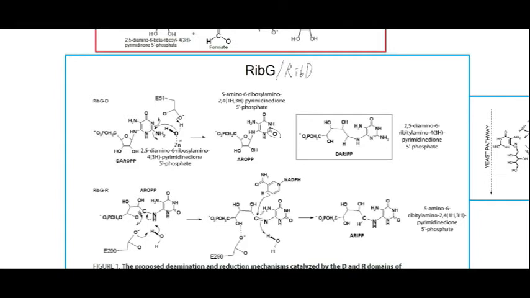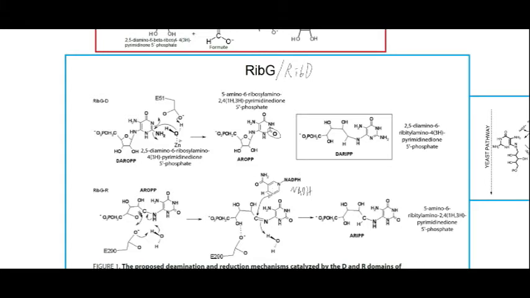And so it's linearizing the ribose sugar there, and then it uses NADPH, which is a molecule used in redox. It's pretty much the same as NADH, nicotinamide adenine dinucleotide, but it just has that extra phosphate on it.